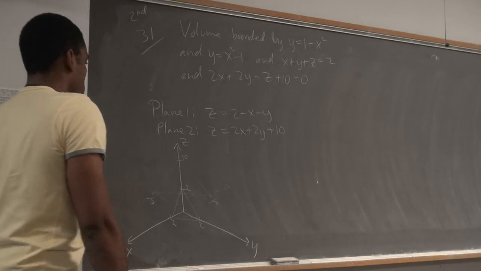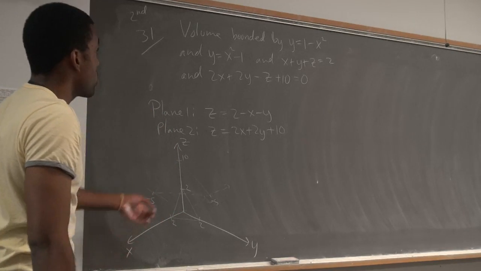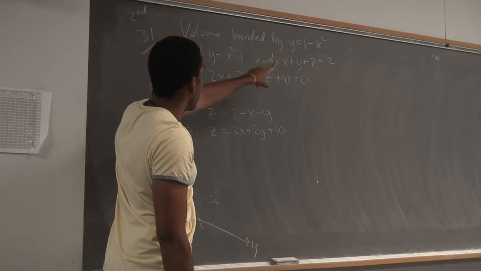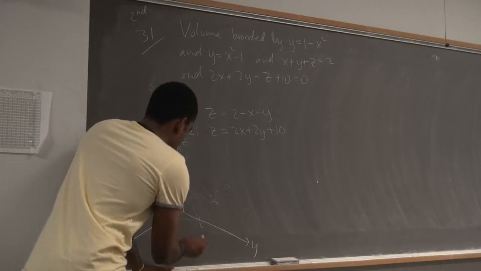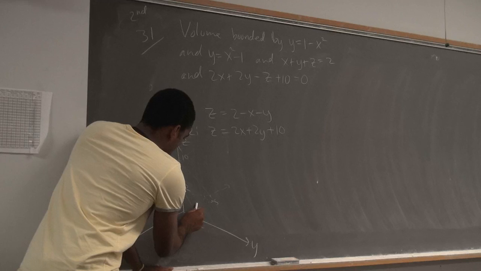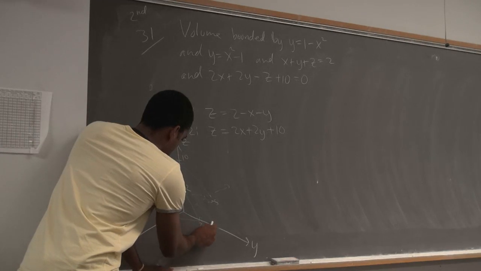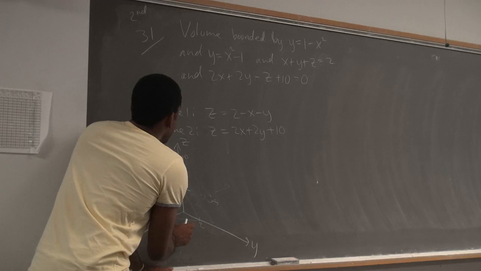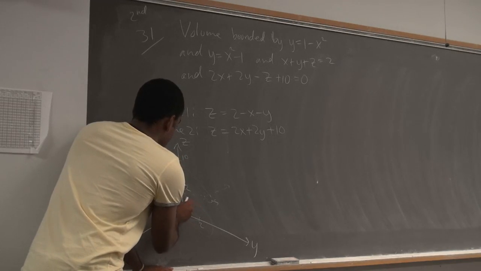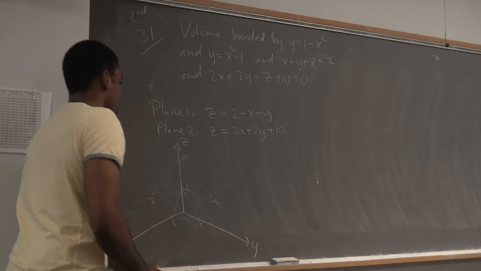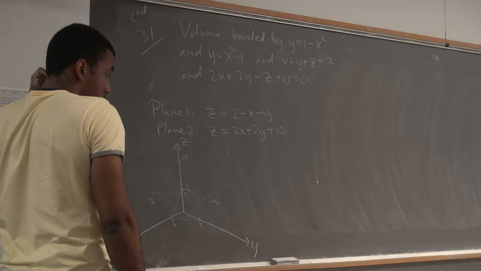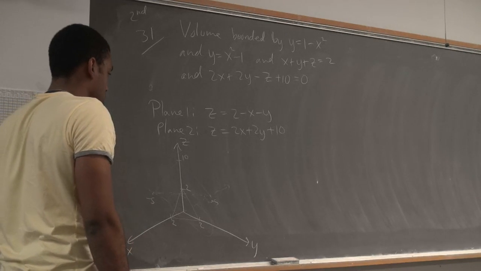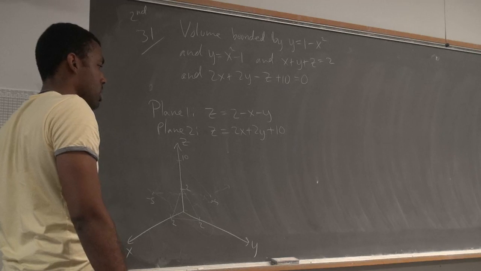Okay. So you can see here, and if we're looking at these guys, 1 minus x squared in the xy plane, that would be something like this. And x squared minus 1 would be like that. Notice though that what you really want to get at here is who's on the top and who's on the bottom.